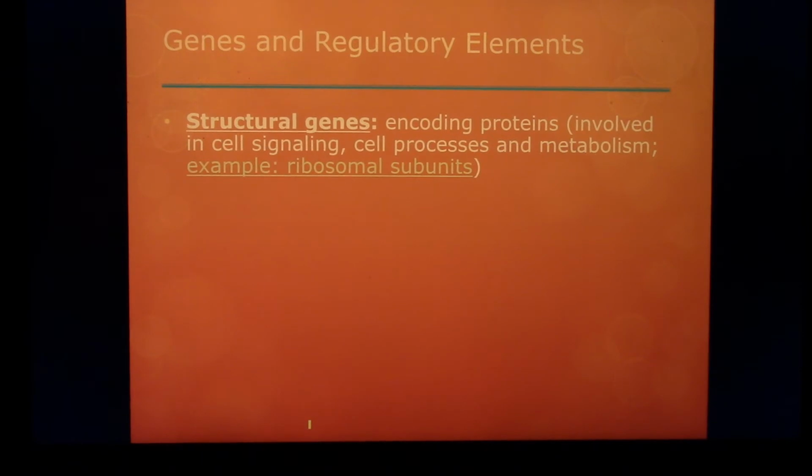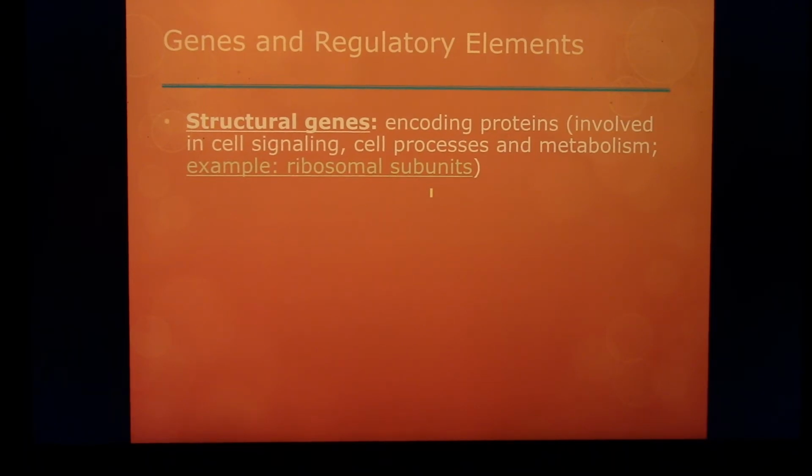Structural genes are one type of gene, and when we're talking specifically in prokaryotes, we're going to be focusing on structural genes. They encode proteins involved in things like cell signaling, cell processes, and metabolism. An example is ribosomal subunits are made from structural genes.